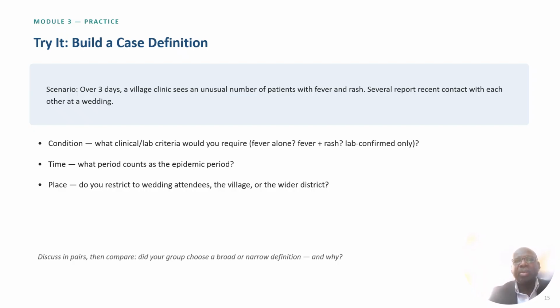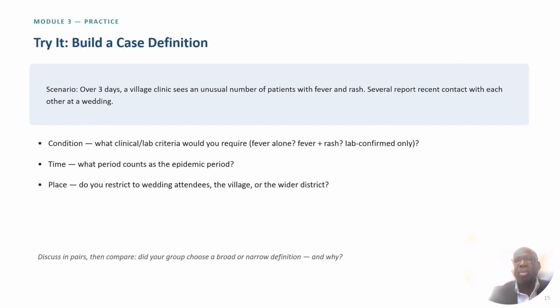Here we have a scenario over 3 days. A village clinic sees an unusual number of patients with fever and rash, and several report also having contact with each other at a wedding. Here we have time, place, and persons. The clinical and lab criteria would be required.